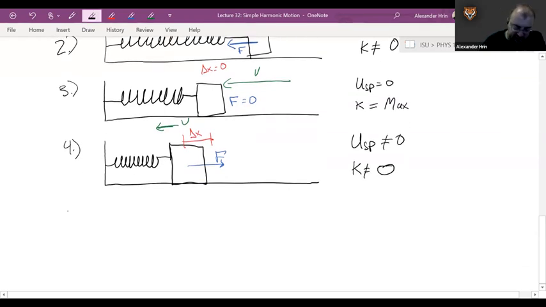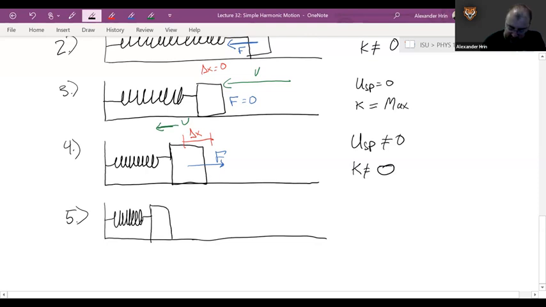Now, finally, in the fifth step, the spring is basically as compressed as it's going to get. The idea here is that we have V equals 0. We've got our delta x, and we have a large force in this direction.